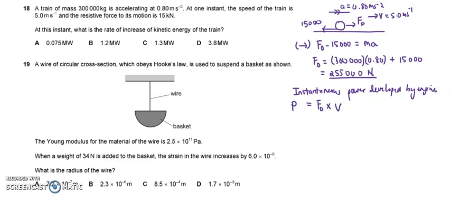P equals Fv. So that will be 255,000 multiplied by 5 meters per second, and that will give us 1.275 megawatt. So the power developed by the engine, all these are at an instant.